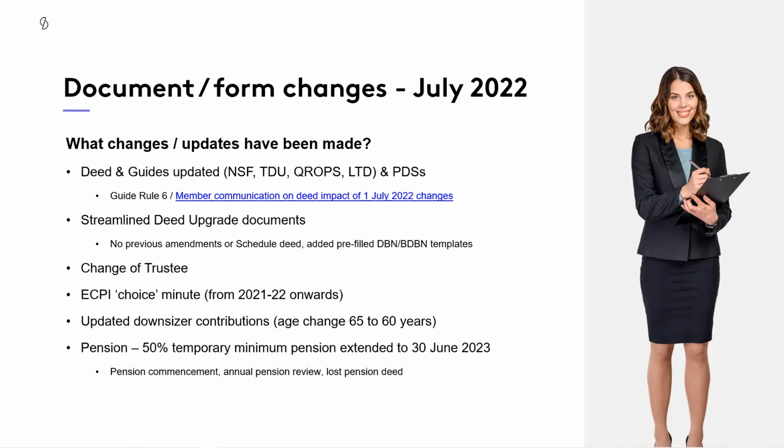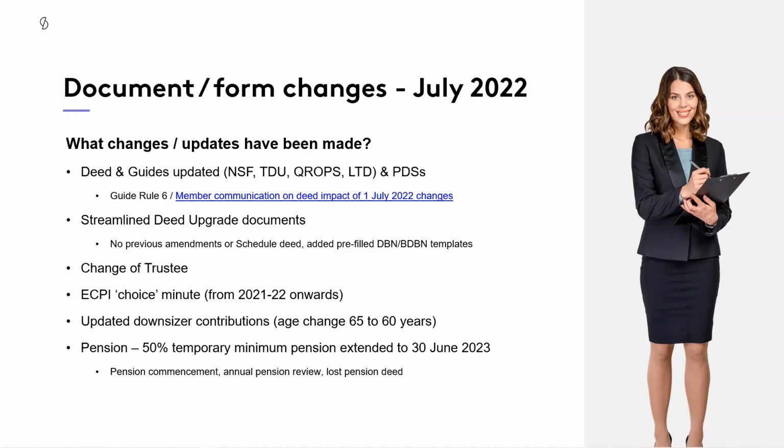So what we have done is we have produced a choice minute in that regard. If you have clients in that circumstance, I would suggest you understand what that does and produce that minute and hold that on record for the purposes of the tax return and the audit.